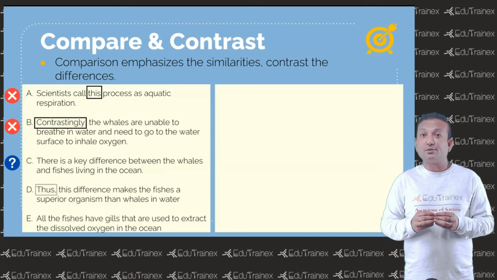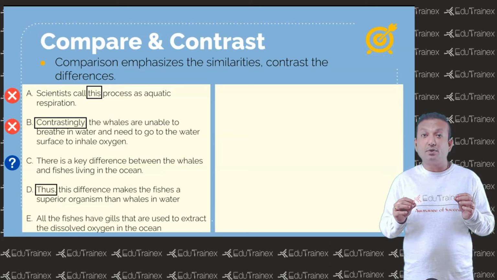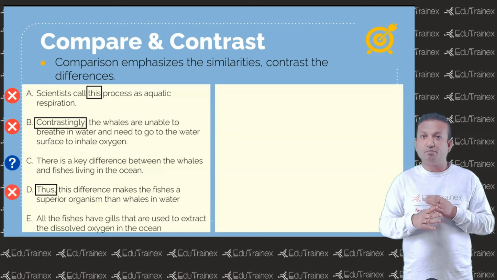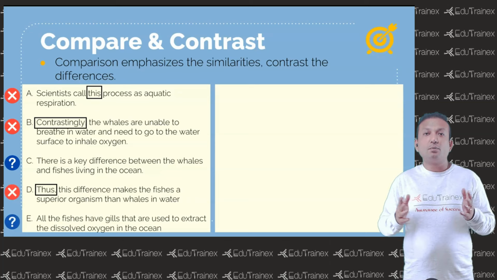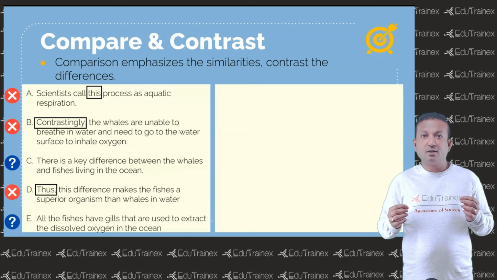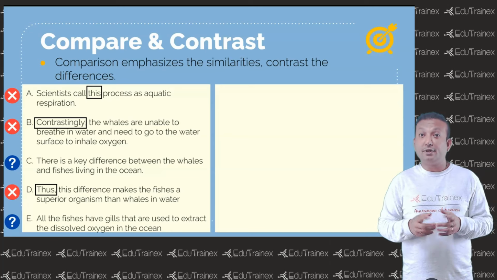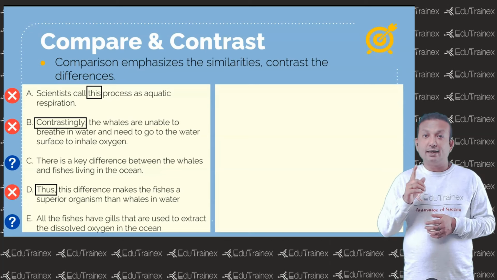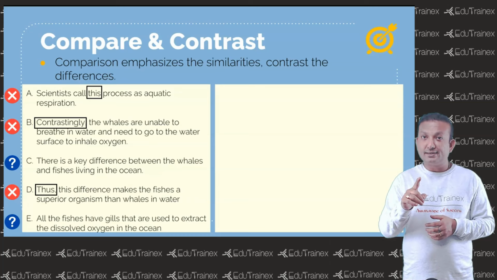Option D starts with thus, a transition word often used to conclude or summarize something. So not independent. What about option E? It says, all the fishes have gills that are used to extract the dissolved oxygen in the ocean. Definitely a strong contender as an independent topic sentence. It is definitely independent, but the question here is, is it the topic sentence?